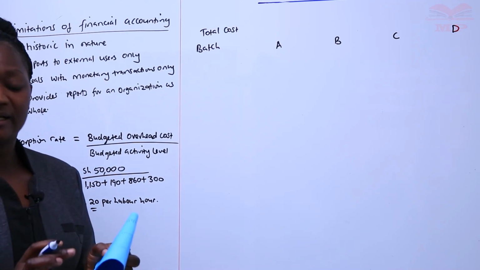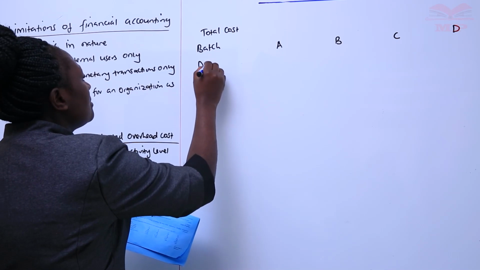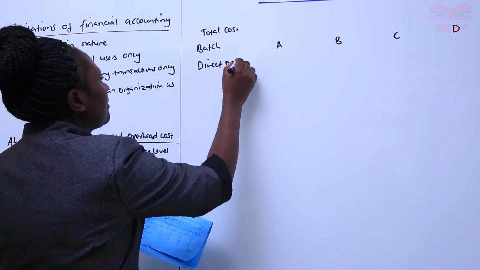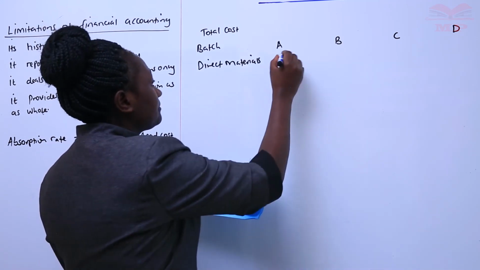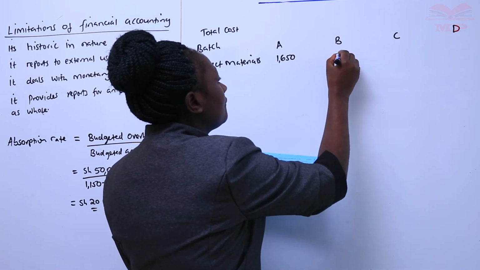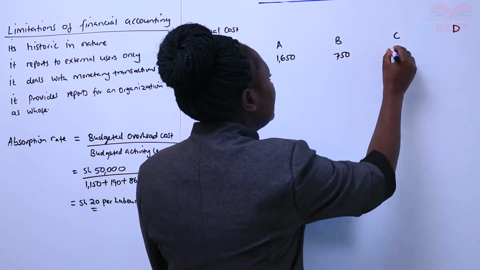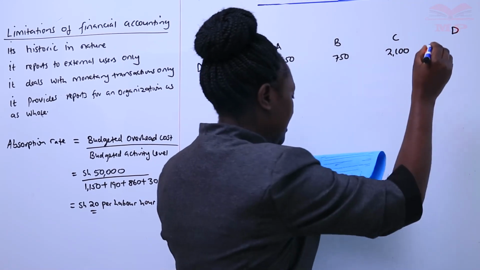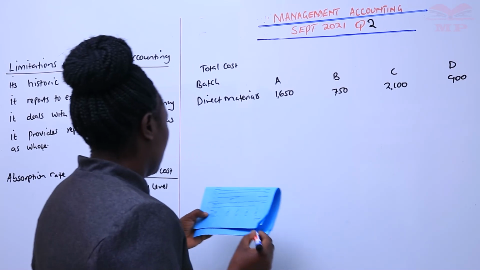So already you are given direct materials and labor, which you simply record. So we'll have direct materials for A is 1,650, for B is 750, for C is 2,100, and for D is 900.